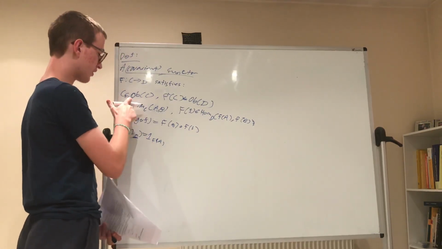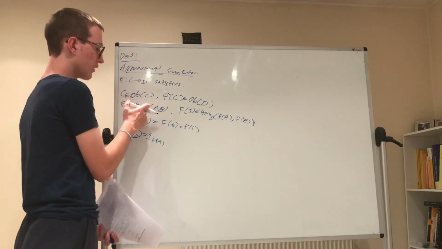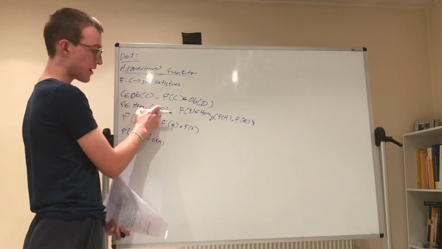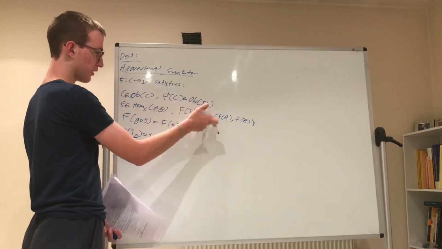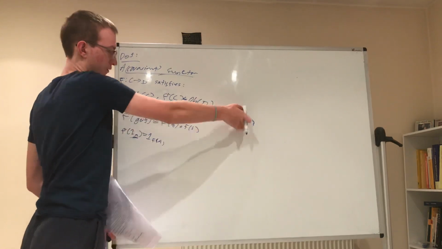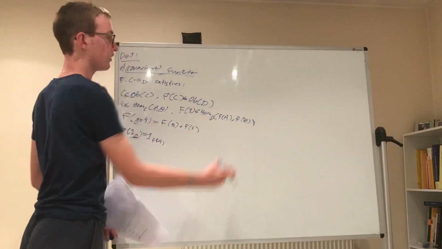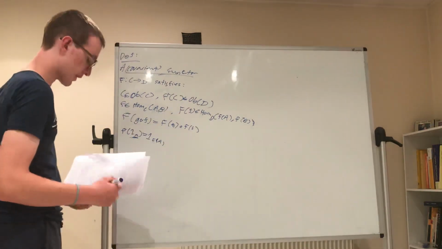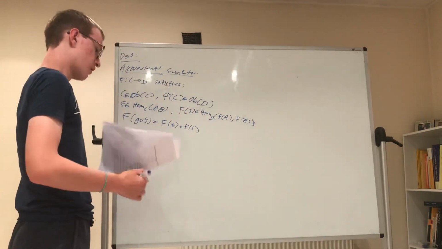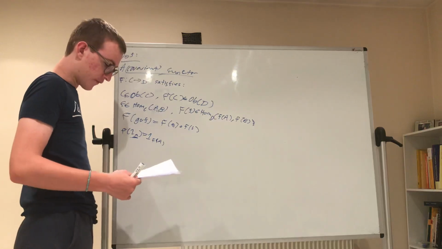So if we replace 1_A, this is in Hom_C(A,A), so F of 1_A must be in Hom_D(FA,FA), and the identity must be mapped to the identity in this one too. That's what that's saying there. Okay, good. So that's what a functor is.